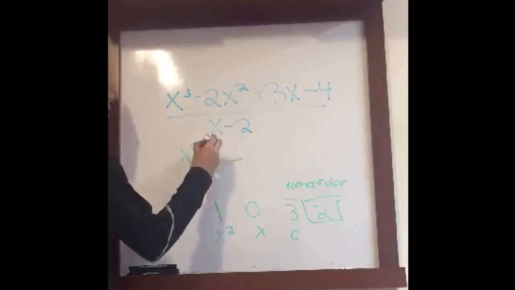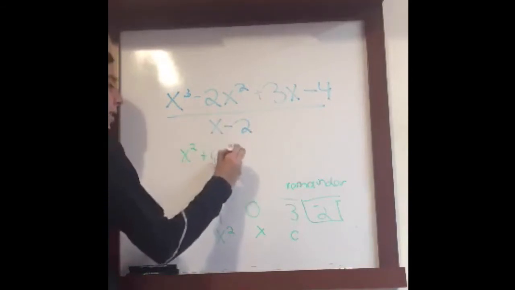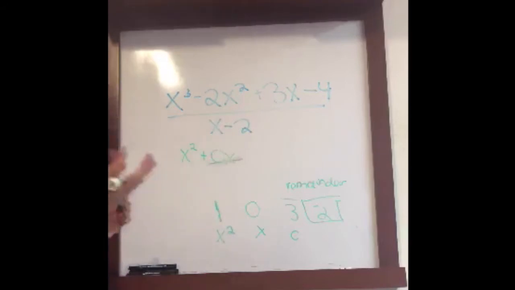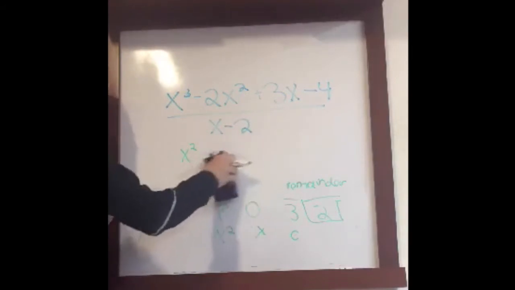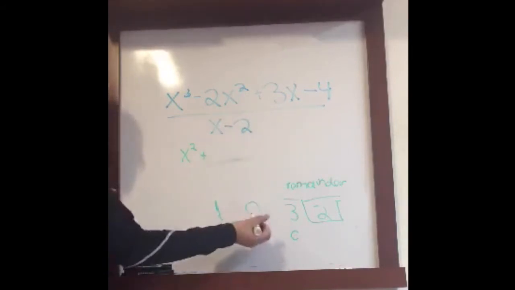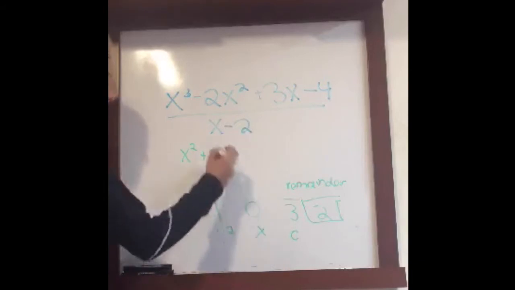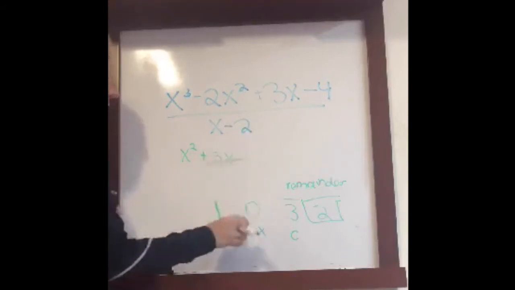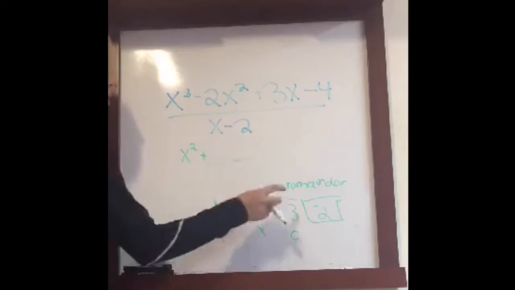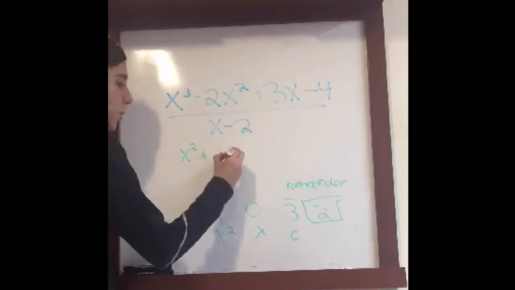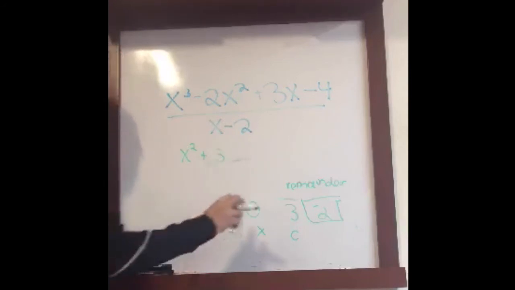Now we're going to put plus 0x. 0 is not telling us anything, so we can erase 0x in this case. If instead of 0 we had, for example, a 3, we could write 3x, but now we have 0, so we cannot do anything.